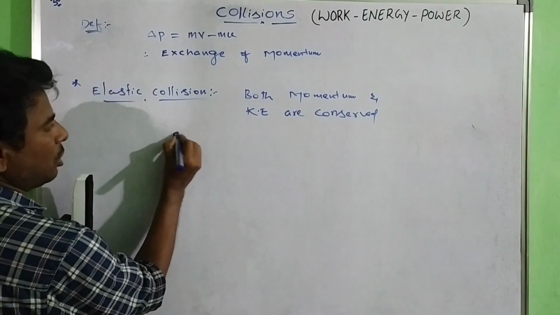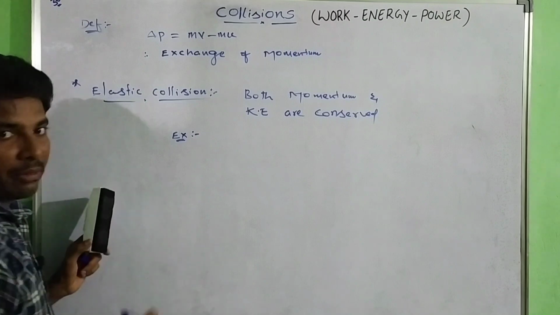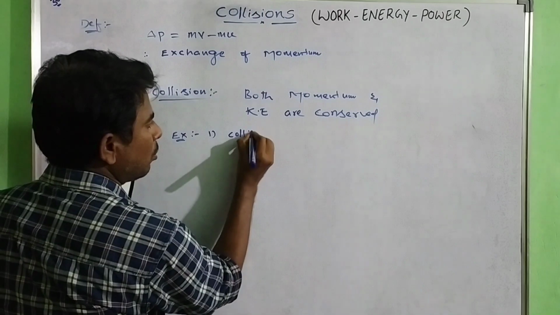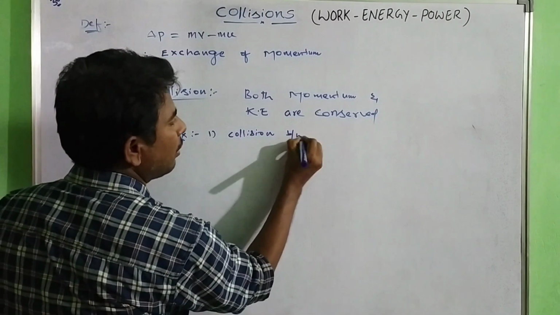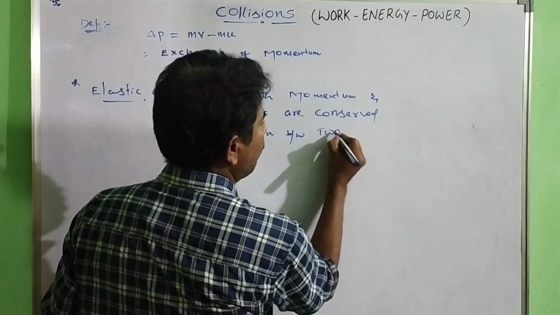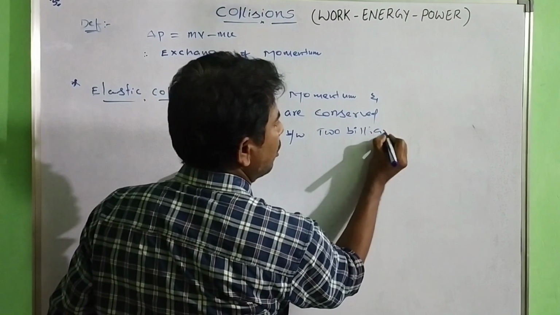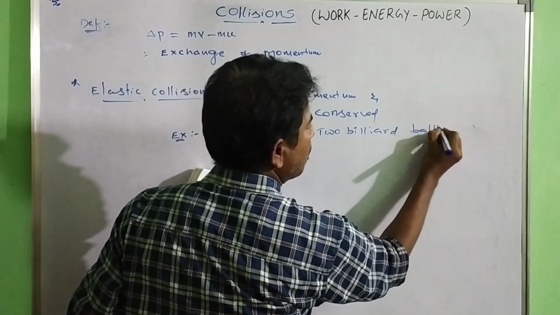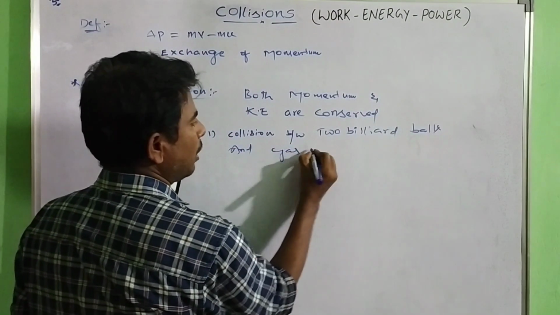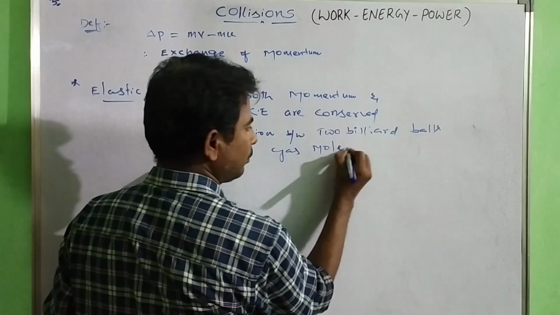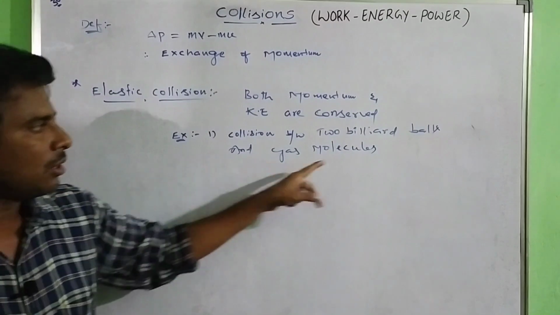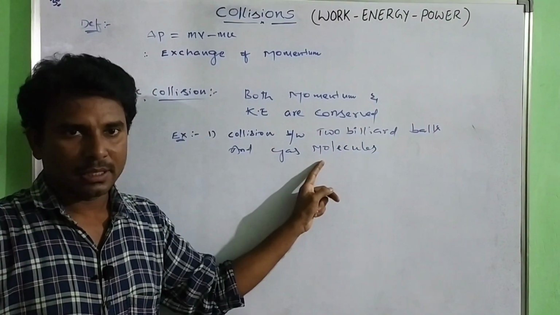Examples of elastic collision: collision between two billiard balls, and collision between gas molecules.